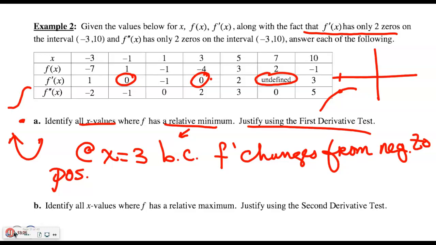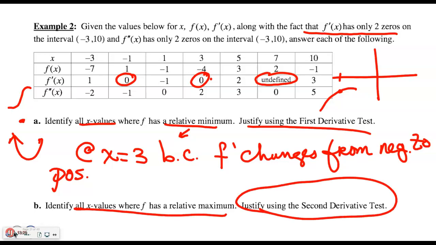Now it says a relative maximum, but I'm supposed to justify using the second derivative test. So you still have to look for those critical values. Bing, bang, boom. But then you have to go to the second derivative and look at curvature there. This has what I call curve depravity, right?